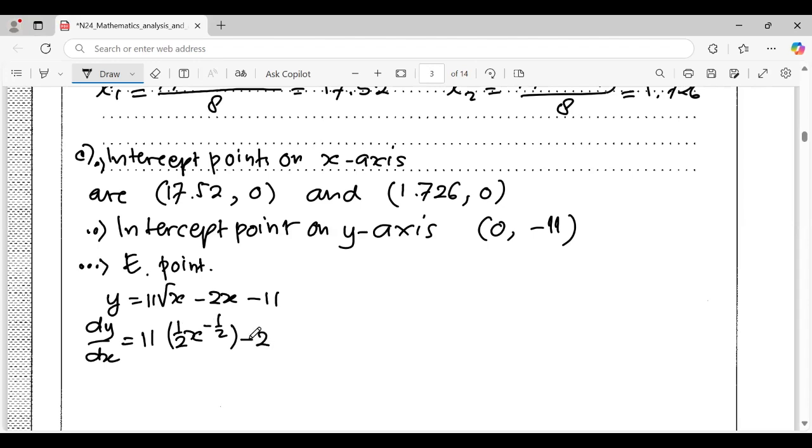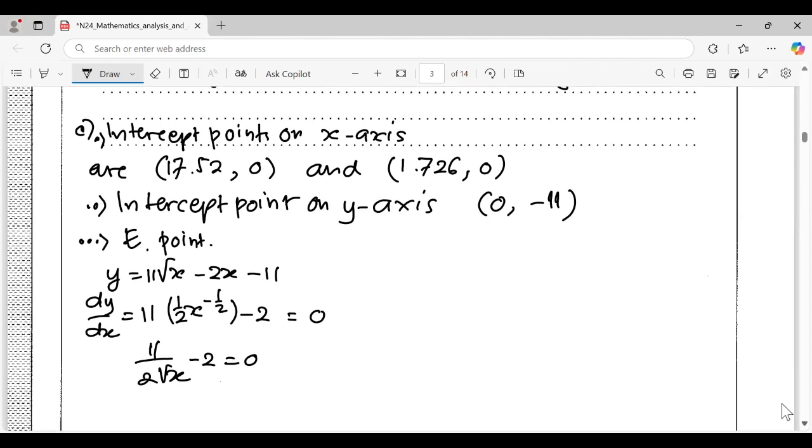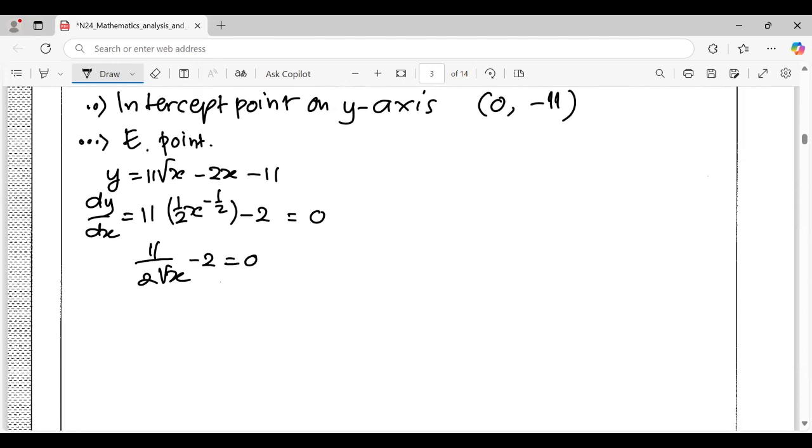Extreme points we can find if dy/dx equals 0, so 11 over 2√x − 2 equals 0, so 11 over 2√x equals 2.